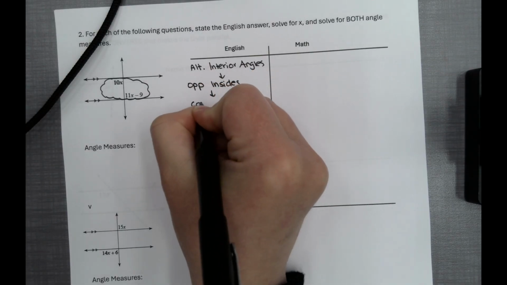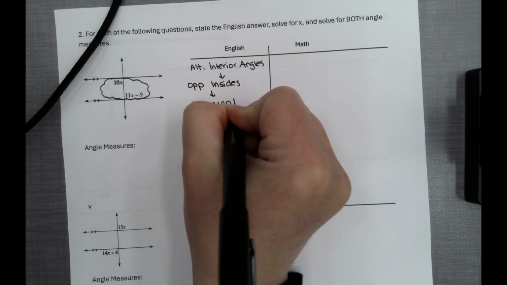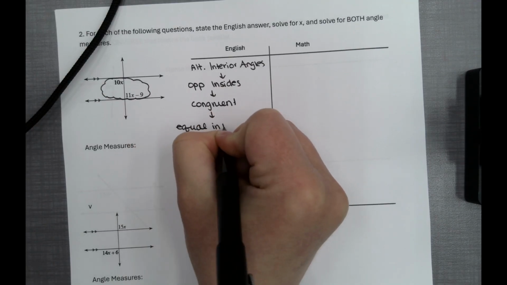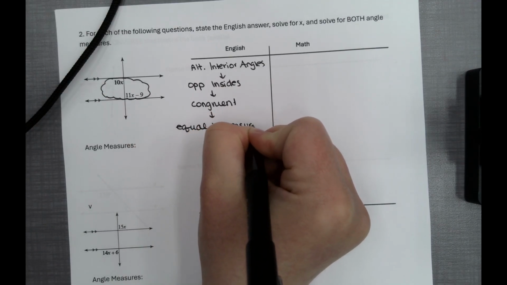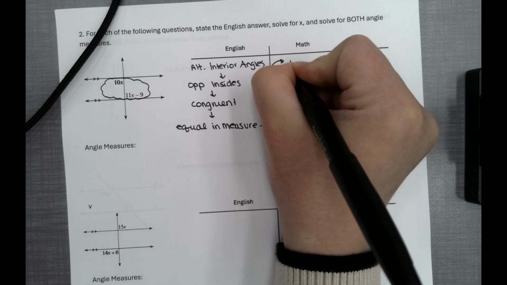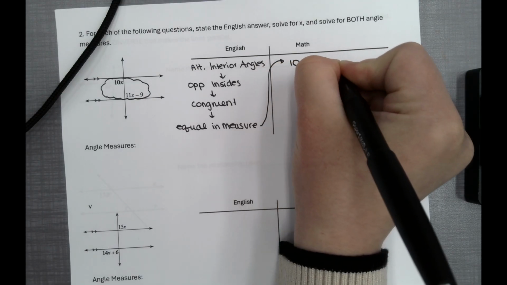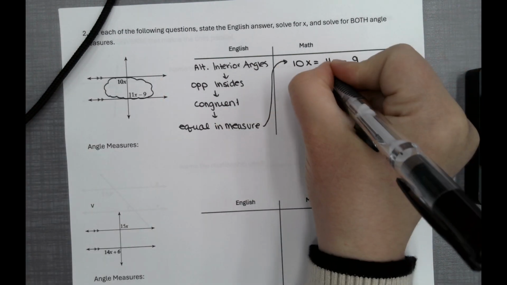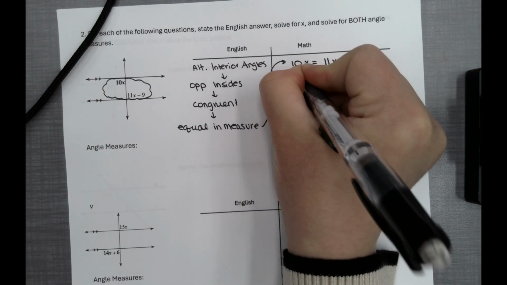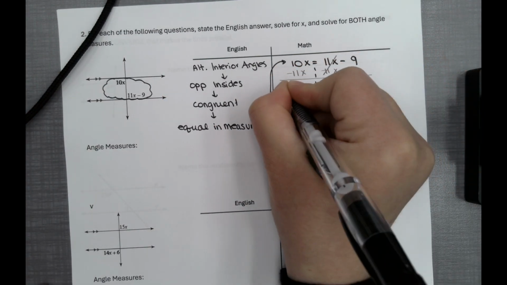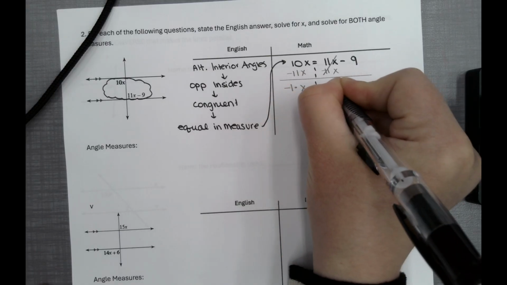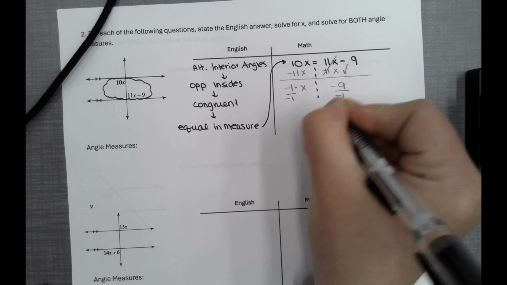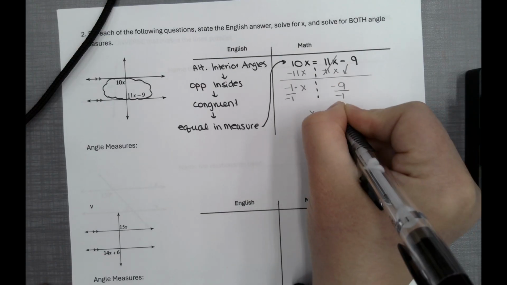That means they are congruent, which means they are equal in measure. Equal in measure, let's do our setup to solve for x. Dotted line for balance, I'm going to start by subtracting 11x. Careful here because you do end up with negative 1x. Bring down the negative 9. Divide by negative 1, divide by negative 1, x is equal to positive 9.